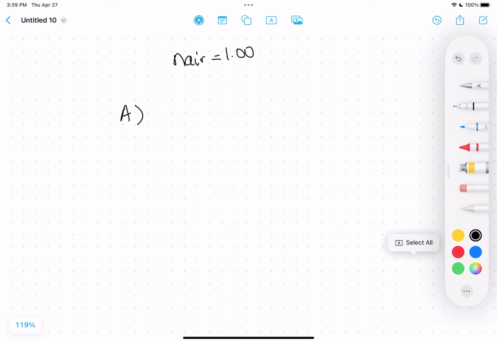So this is our incident angle, the 60-degree angle here, and then this, relative to the normal line, is our refracted angle, which is what we're trying to figure out, right? So they're asking us for the refracted angle of the light ray entering the water layer. Then they're not only asking for this part, but they're also asking for this angle right here.